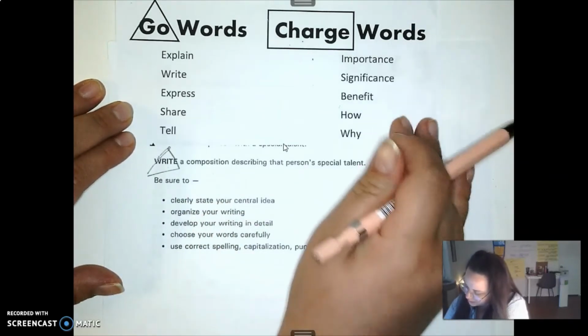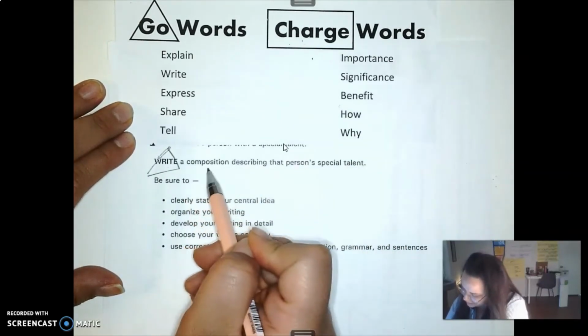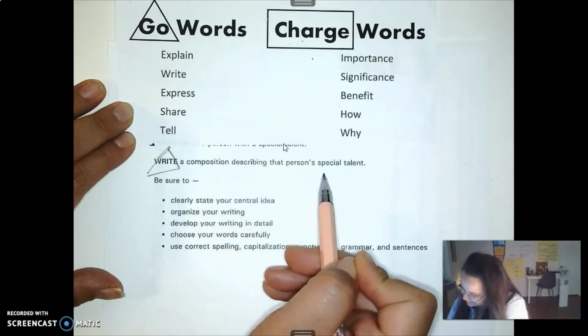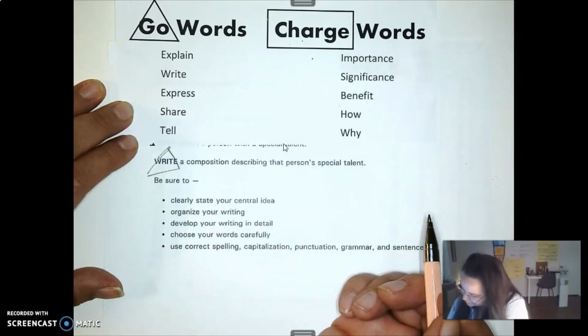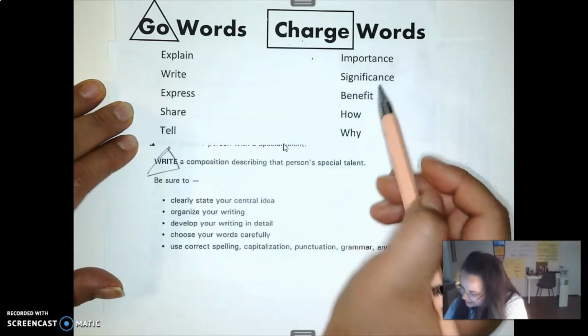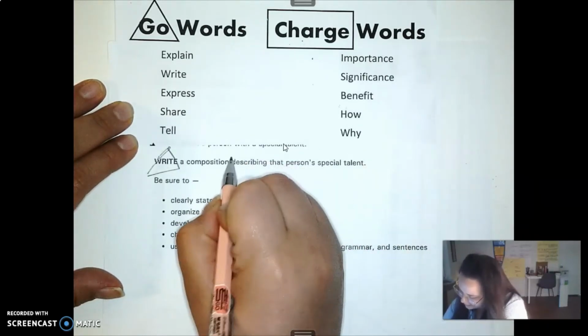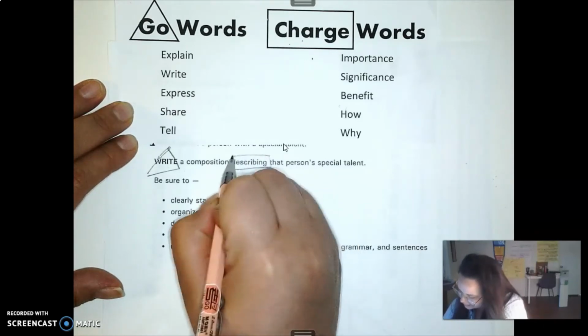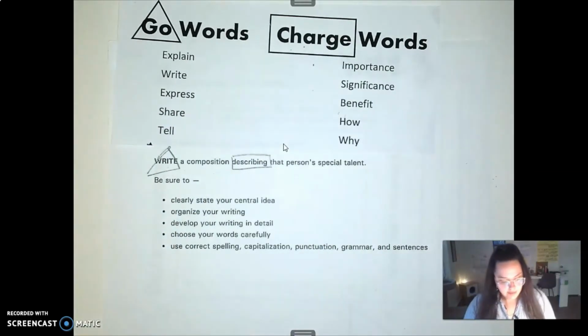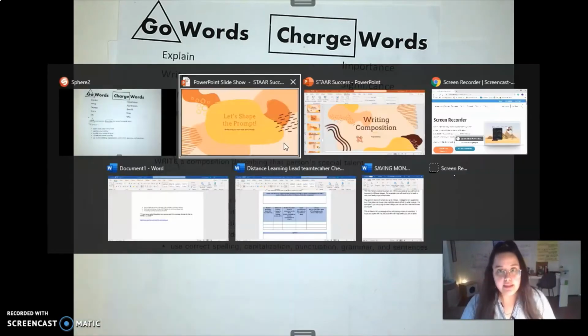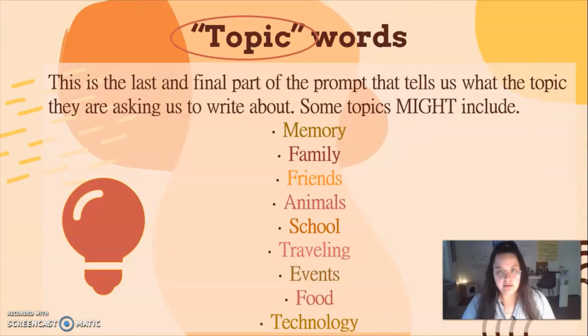Let's look for our charge word. Write a composition describing that person's special talent. If you notice, I actually don't have the word on here, but the charge word is describing because, and let me go back to my presentation really quick to the charge words.